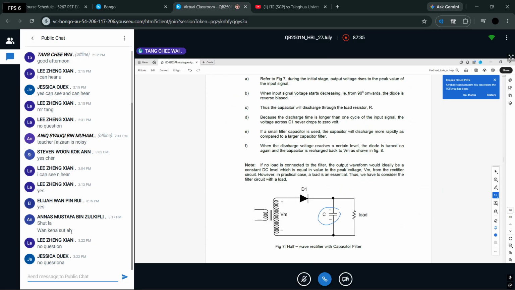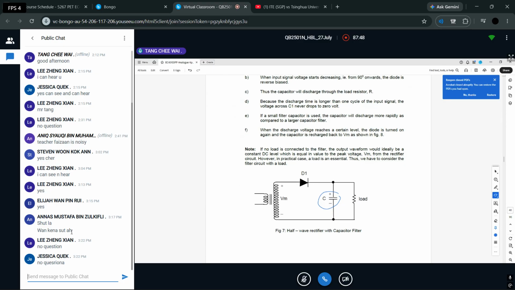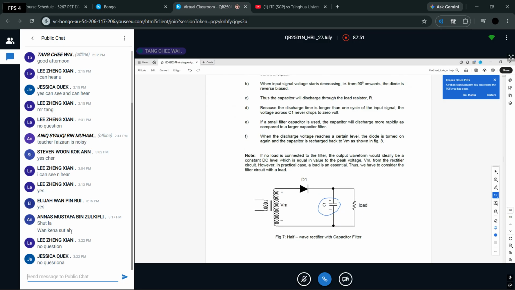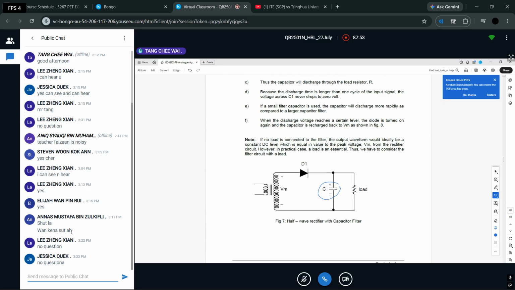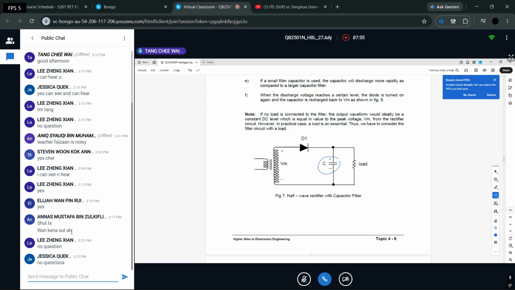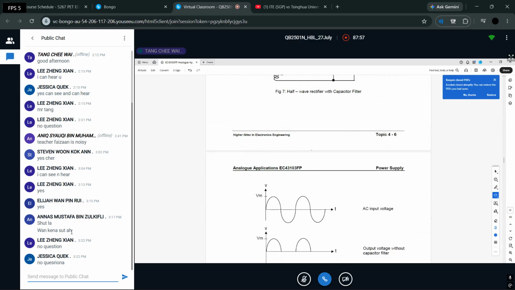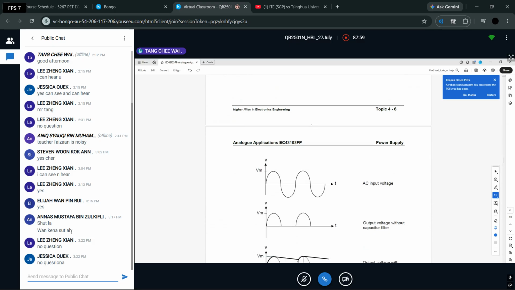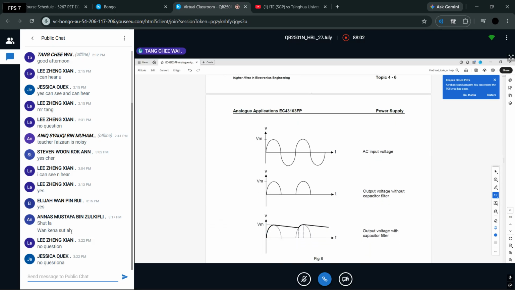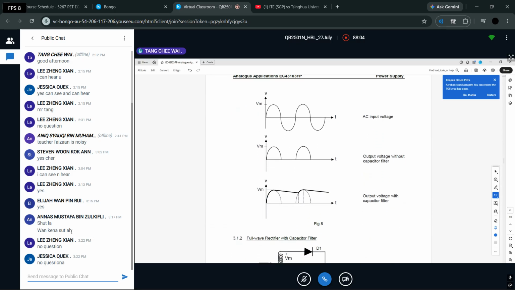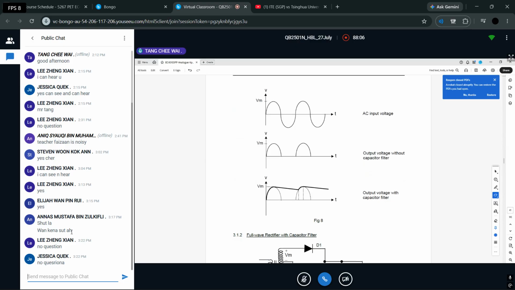Now, this capacitor is the one that is trying to smoothen out the so-called pulsating DC voltage, by charging and discharging. That is what it means. So what happened is, after this pulsating DC goes past the filter, this is what you get here.